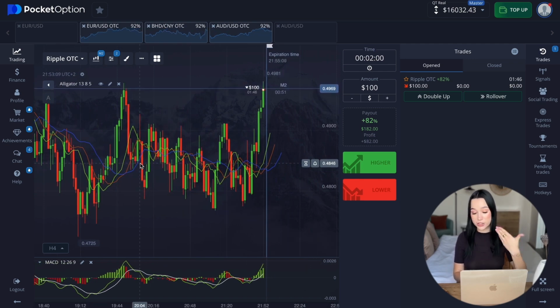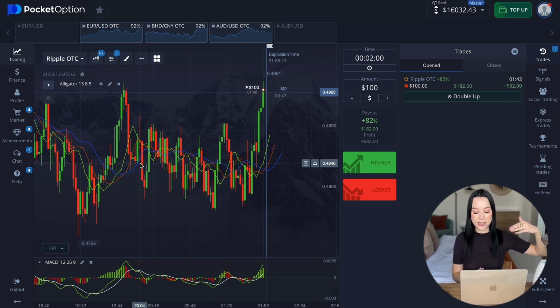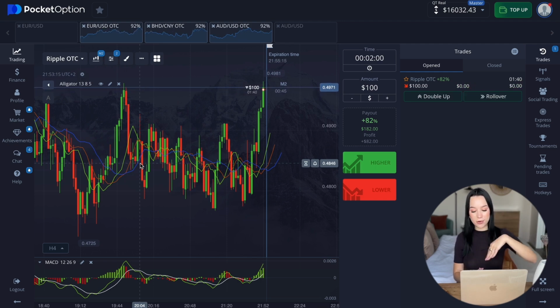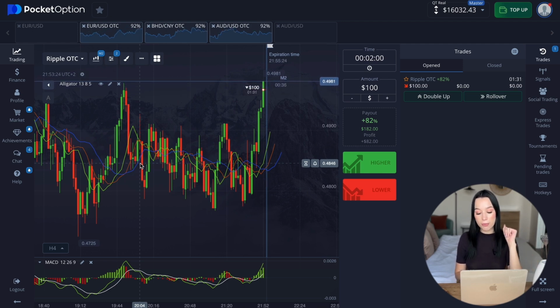Although the indicators show us to open the trade up because the three lines of the alligator are moving upwards in the same direction, and also the histogram of MACD is above the zero level and the lines of MACD intersect the histogram and are also going upwards, we can see this is definitely the resistance level, and in this situation I'm sure that our chart will go lower. But yeah, let's see what we're going to have there.